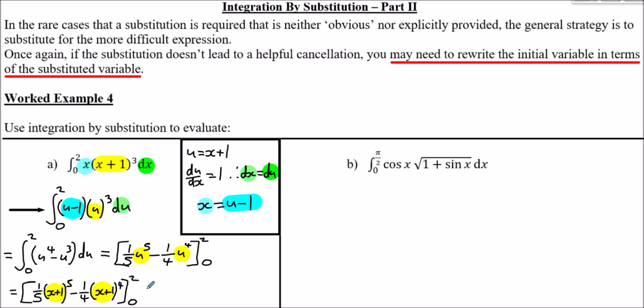So all that's left to do now is just to actually sub in. So when x is 2, that's going to give us 1/5 times 2 plus 1, 3 to the power 5. So it's 1/5 of 3 to the power 5 minus 1/4, x plus 1 still 3 to the power 4.